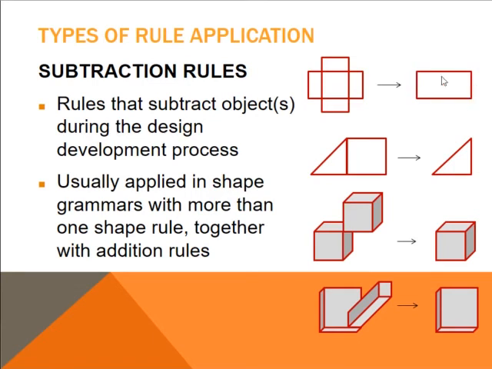In this one, originally you have a triangle and a square, and the rule specifies that you remove the square and leave the triangle. In this one, you have this combination and apply the rule where you remove one of the squares or boxes. And this one is the same: you have this combination, and the rule specifies that you remove the longer box from the arrangement.